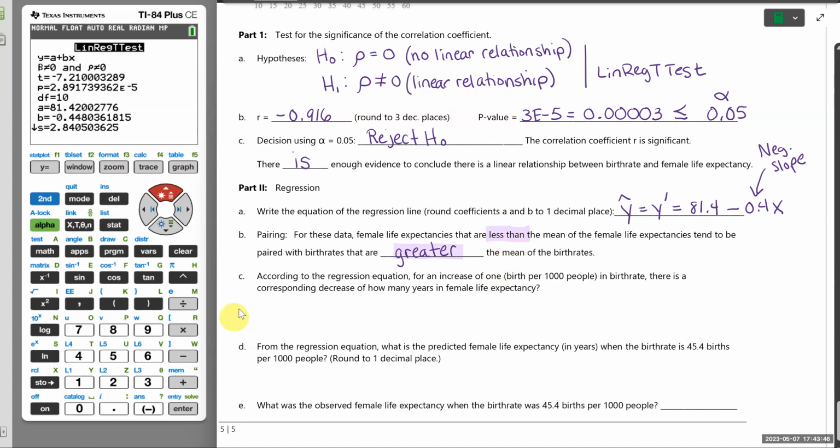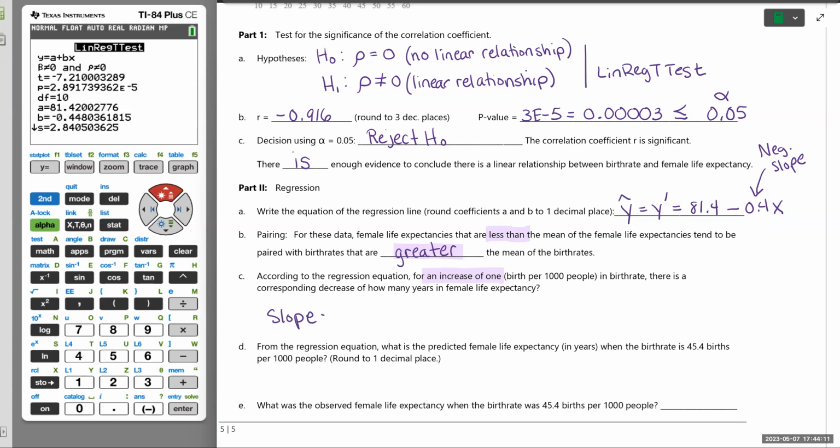All right, and then C. According to our regression equation, for an increase of 1 birth per 1,000 people in birth rate, there's a corresponding decrease of how many years in female life expectancy. So when we see that phrase, for an increase of 1, they're referring to interpreting the slope of the line.